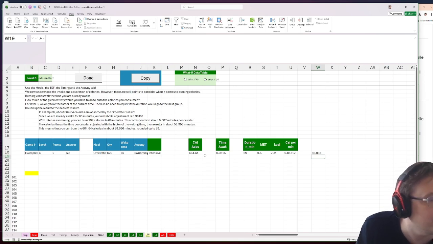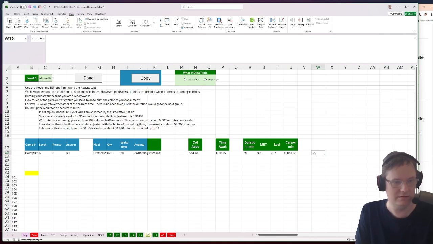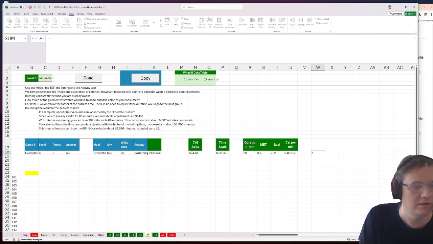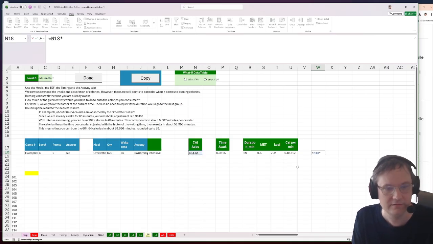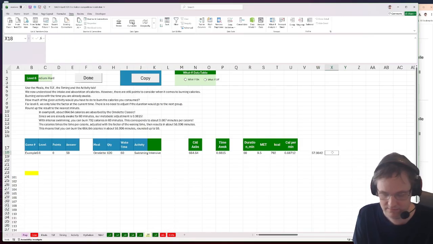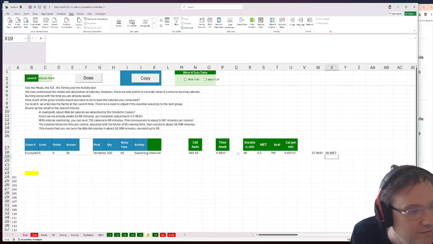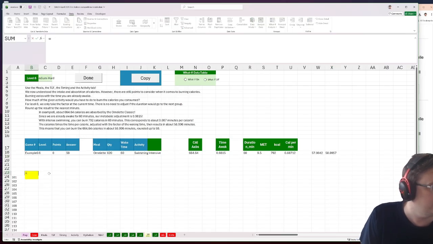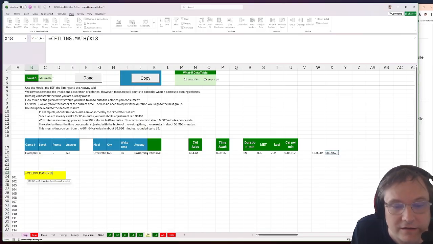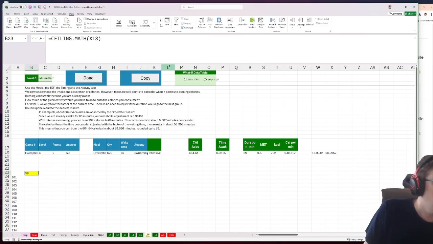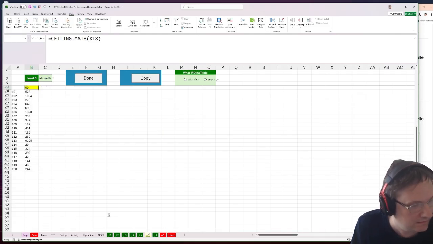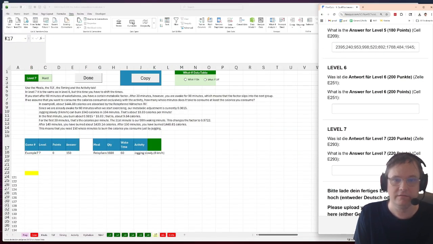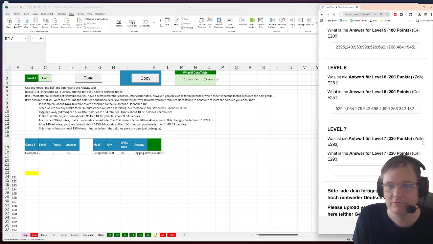Equals this times this, divided by this. 58,996 is correct. All right, so equals ceiling math of this.